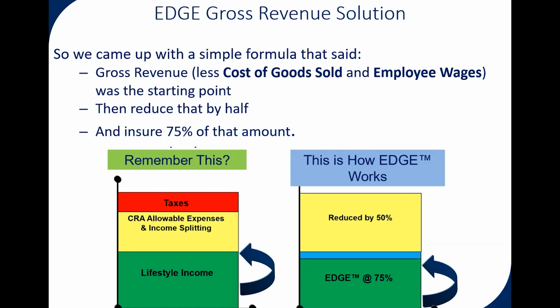An advisor I spoke to not all that long ago said to me, Dave, I'm not getting this gross revenue versus net earned. The example they had was a self-employed person grossing 120,000 a year. However, this person was only paying himself $10,000 a year in dividends.